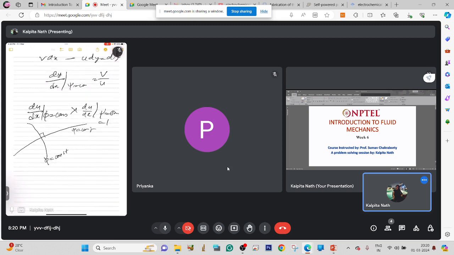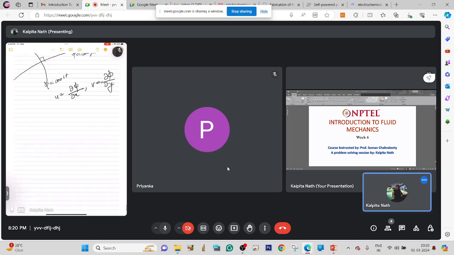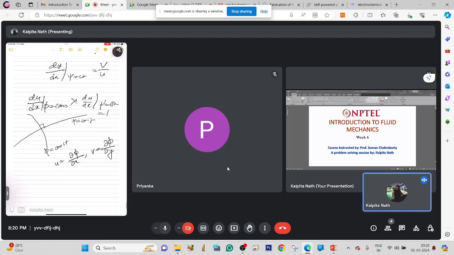So if u is given as del phi del x and v is given as del phi del y, then if we write the continuity equation, this will be del u del x plus del v del y is equal to 0.